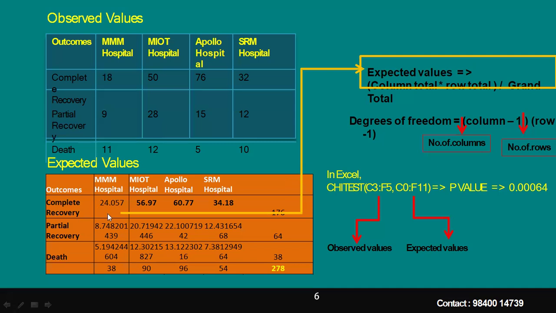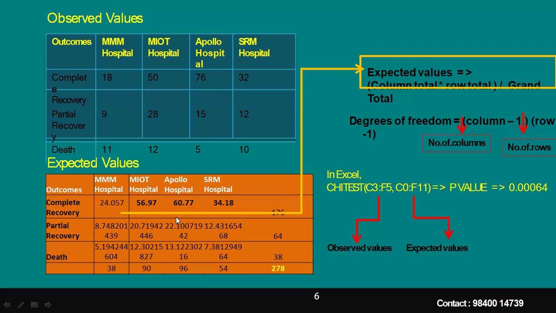How do you derive the expected values? For each column, you take the column total and the corresponding row total, column total times row total divided by grand total. Once you compute this, you will get these values.